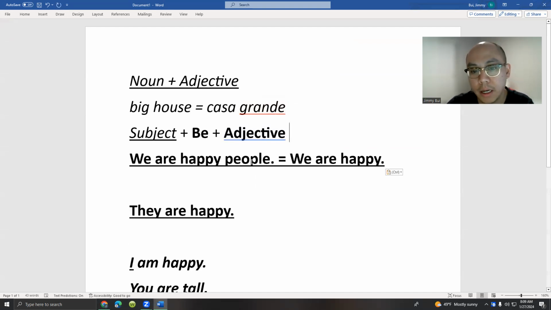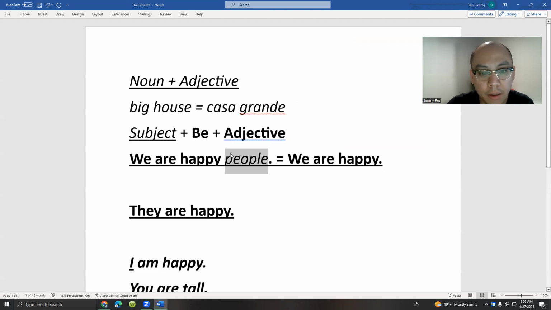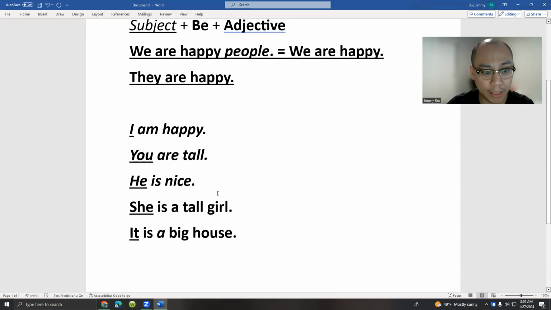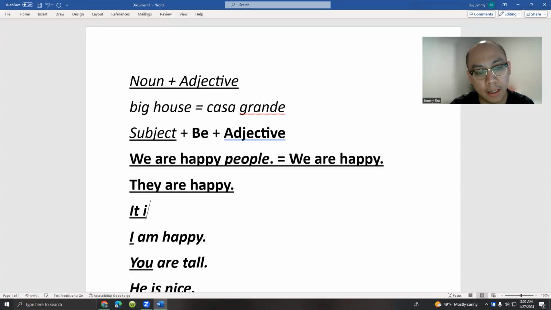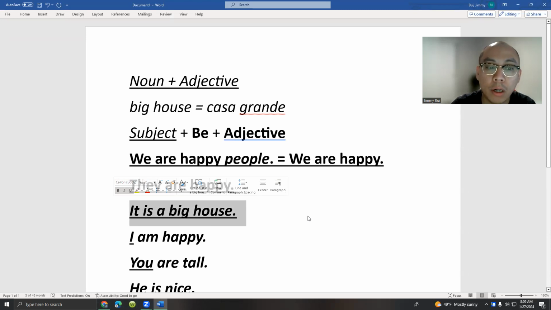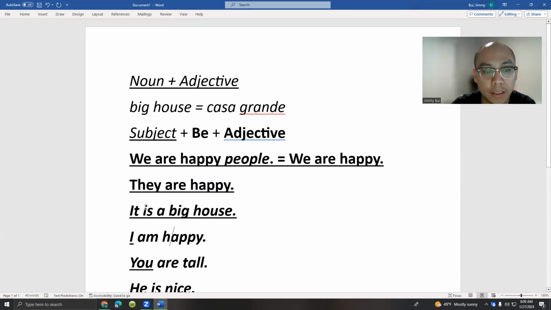So in this case, people, the object noun here, is very comparable and similar to we. So sometimes it may not be fully necessary to explain it, but when you have a pronoun like it, as in it is a big house, this is more understandable and complete, in that it can be many things, right? So we, in this case, we know is first person plural, right? So I and another person or people. Okay.